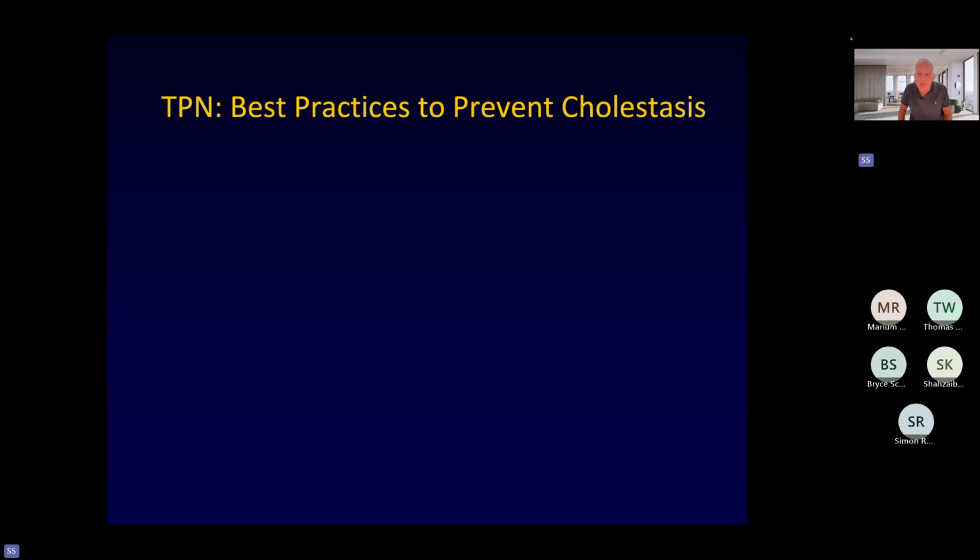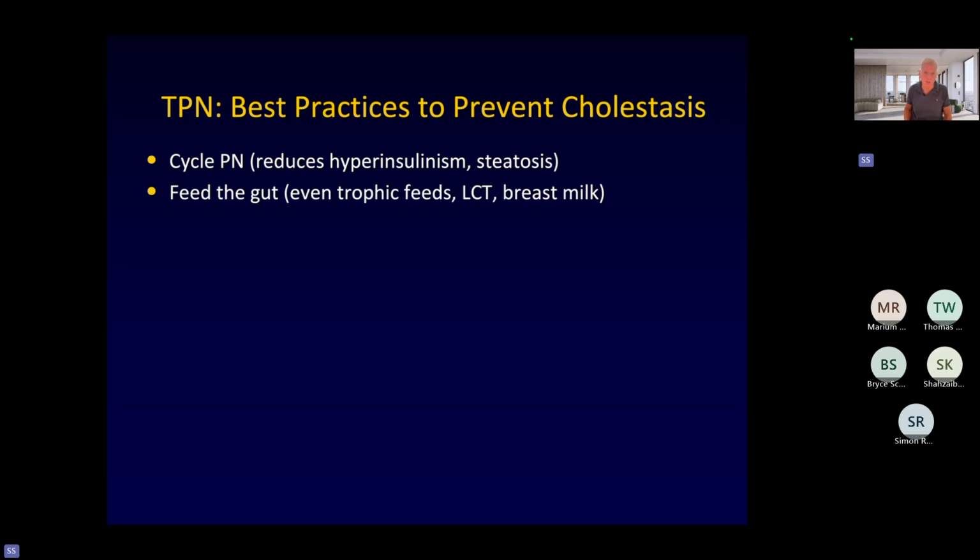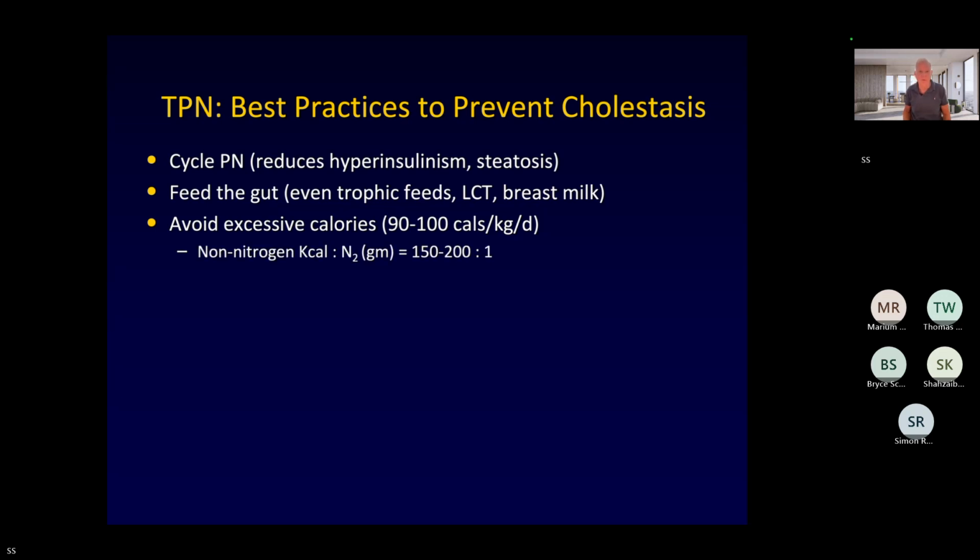What are the best practices to prevent cholestasis? Cycle the TPN, which reduces hyperinsulinism and steatosis. Feed the gut, again, can't emphasize that too much. Avoid excessive calories. And remember that you should not only be looking at the total number of calories that are being consumed, but what's the non-nitrogen to nitrogen or the protein to energy ratio. The non-nitrogen in kilocalories to nitrogen in gram ratio should be 150 to 200 to 1.